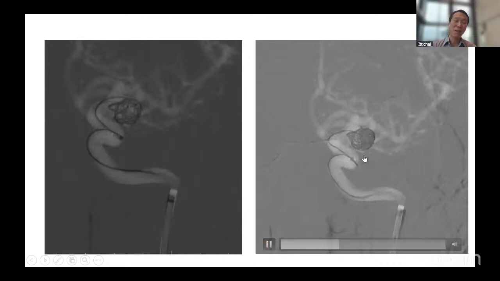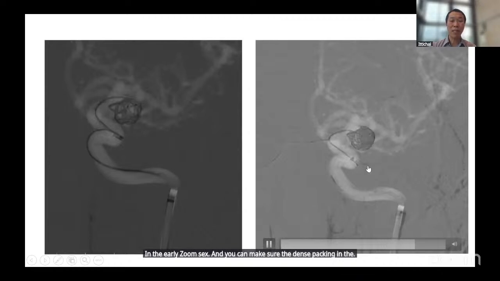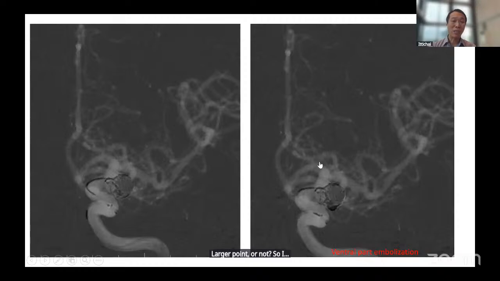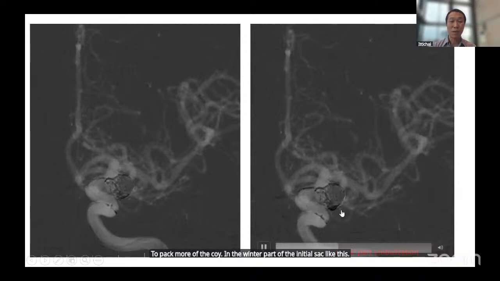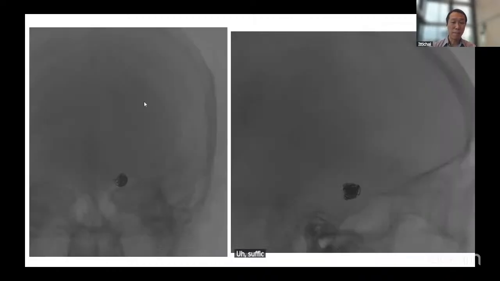And you can make sure whether there is dense packing at the rupture point or not. So I tried to pack more coil in the ventral part of the aneurysm sac like this, because I want to guarantee that it can obliterate sufficiently.